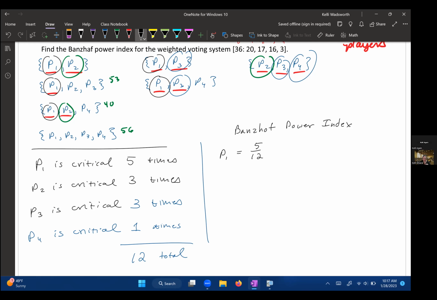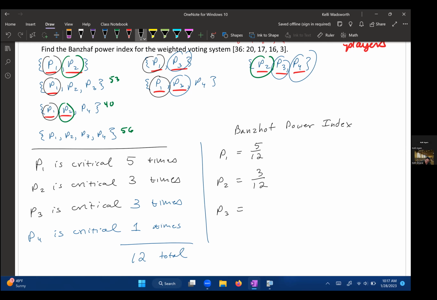There are 12 times that a player is critical. Player 1 is critical 5 of those 12 times. So you can see how it's an informative measure of how much power. Almost half the times that anyone is important, player 1 is important. All right, so what about player 2? They are 3 out of 12, right? Which hopefully we know is the same as 1/4.